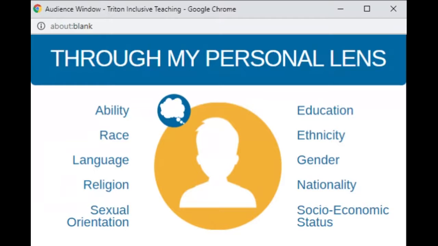And what this personal lens does is it can really flavor what we see as our role in the classroom. I'll take a look at the education, because that's a privilege probably all of us have because we all have advanced degrees. With an education privilege, we might start thinking about our experiences through the educational system, positive and negative, and those experiences will absolutely show up in our design.